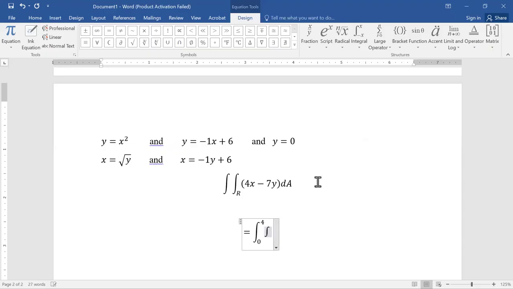And if we're going to integrate with respect to X first, the upper bound with respect to X is negative 1Y plus 6, and the lower bound with respect to X is X equals the square root of Y. Again, this is what happens when I integrate with respect to X first and then integrate with respect to Y.